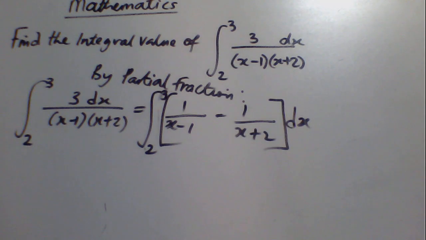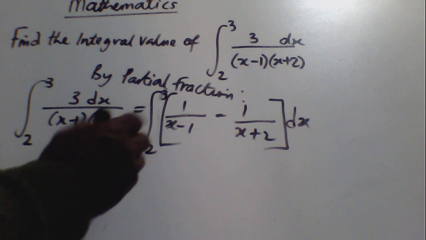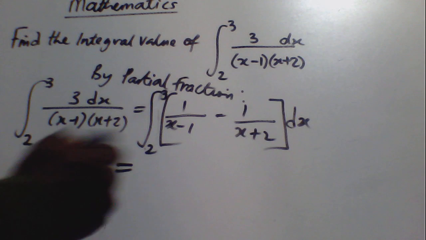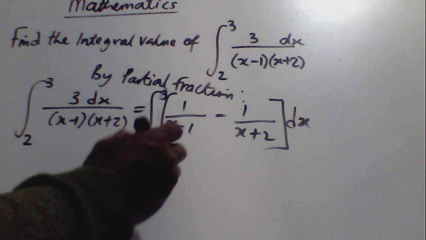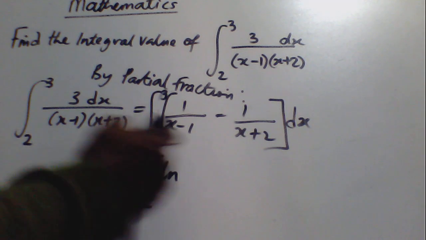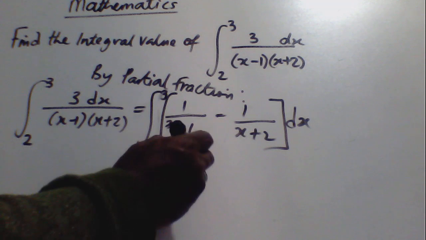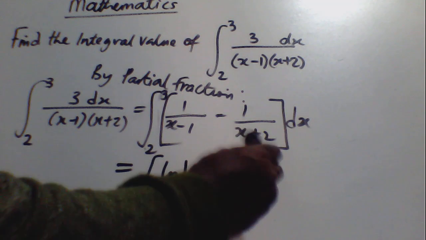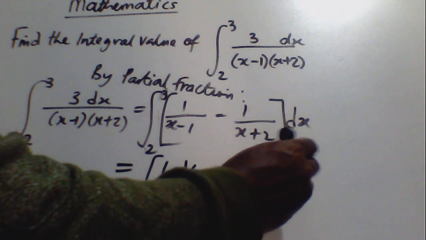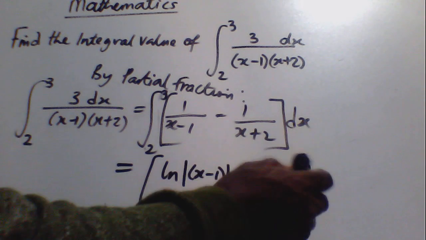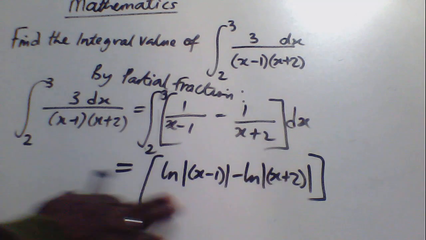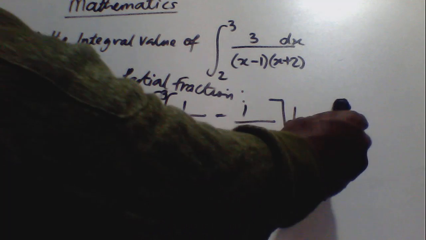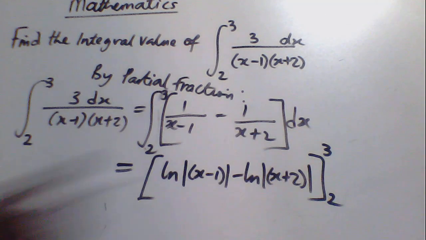If you do that, you have ln, because there is no other attachment here, it will be ln(x minus 1) minus ln(x plus 2). Remember, the range is 2 to 3.